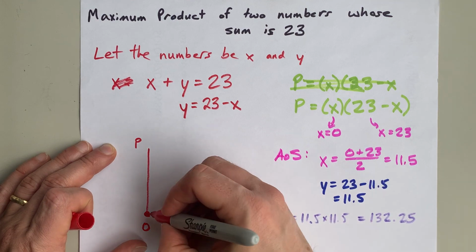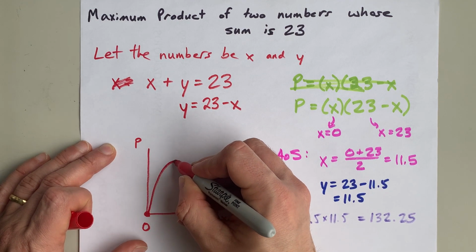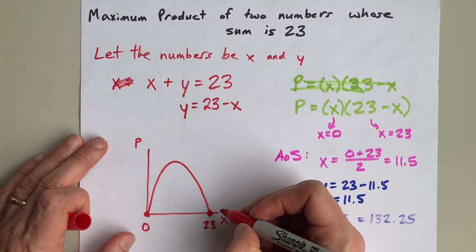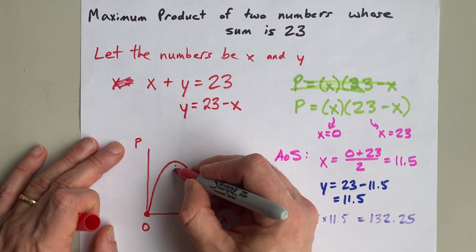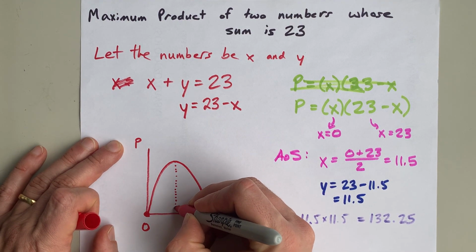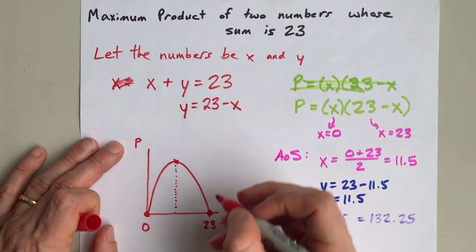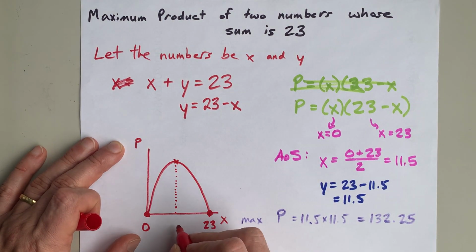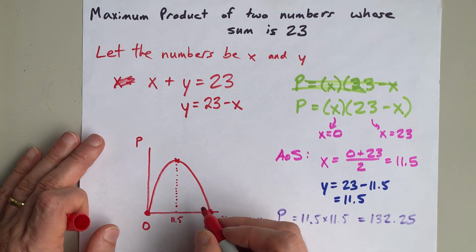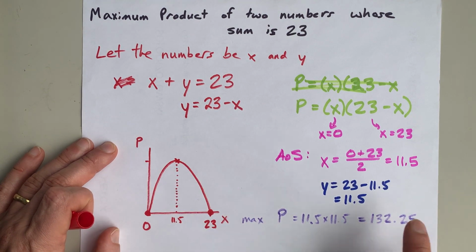So there is a parabola that represents the product that you get when you multiply these two numbers together. Where is the axis of symmetry? Where is the vertex, I should say? Well, it's right in between 0 and 23. Has to be 11.5.